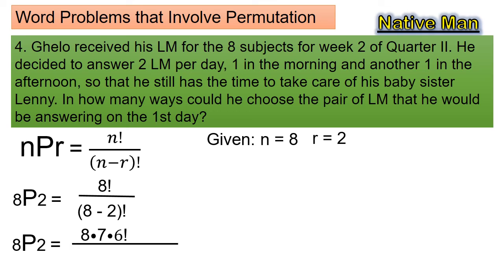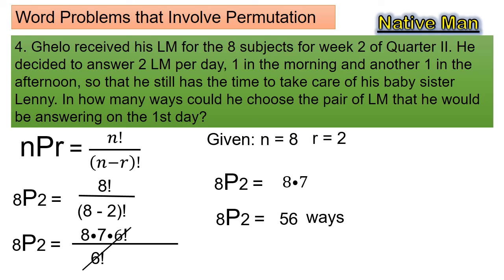Kasi if you notice, ang denominator po niya, 8 minus 2 is 6, so 6 factorial. So that we can cancel 6 factorial and 6 factorial. So, ang natitira na lang po sa numerator ay 8 times 7. So, 8 times 7 is equal to 56. So, there are 56 ways na pamimilian ni Jello ng dalawang subject na kanyang sasagutan, good for one day.